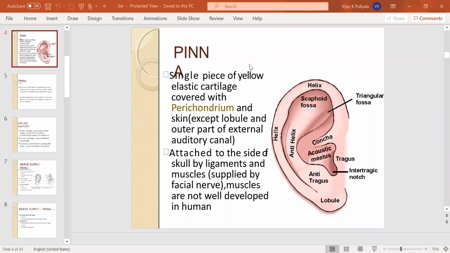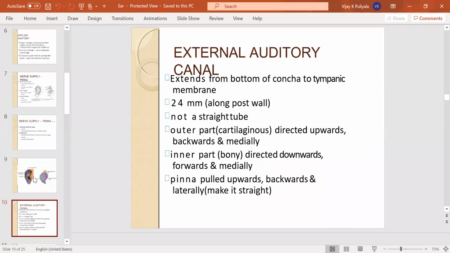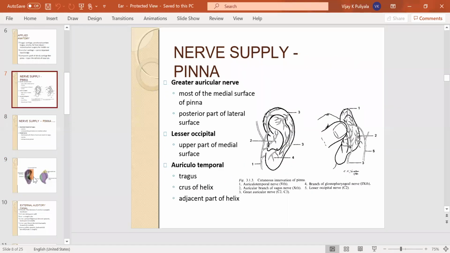Next, coming to the arterial supply. The arterial supply of this auricle is by the posterior auricular branch, along the cranial surface.